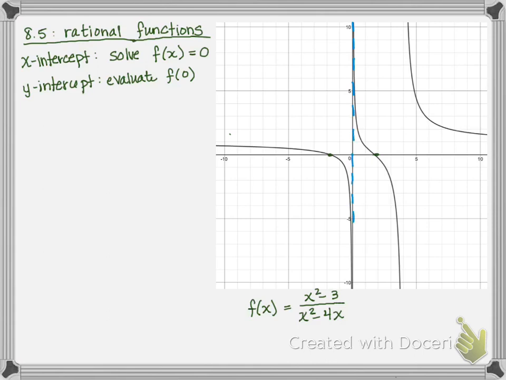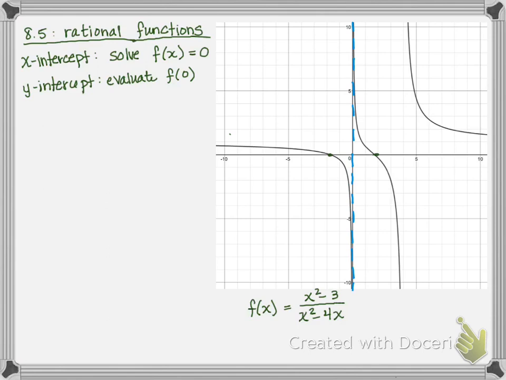It's a little hard to tell for that one because it gets really, really close. But notice that my graph doesn't actually cross the y-axis ever. And so we just get infinitely close to the y-axis, but we never actually reach it.